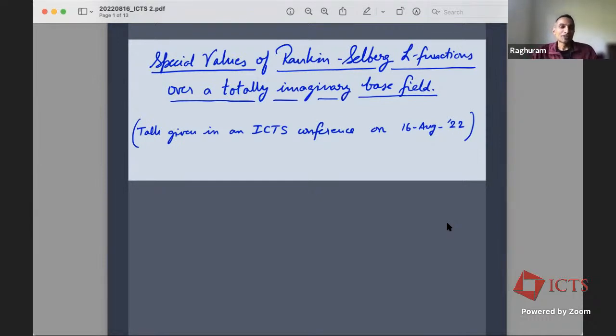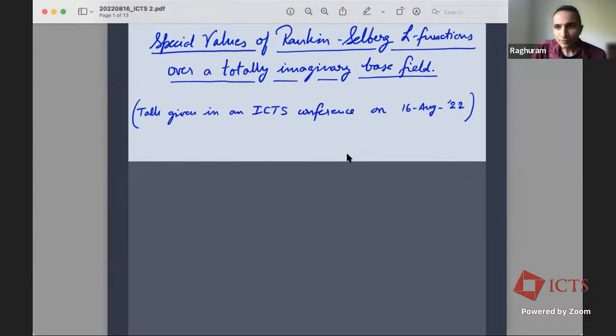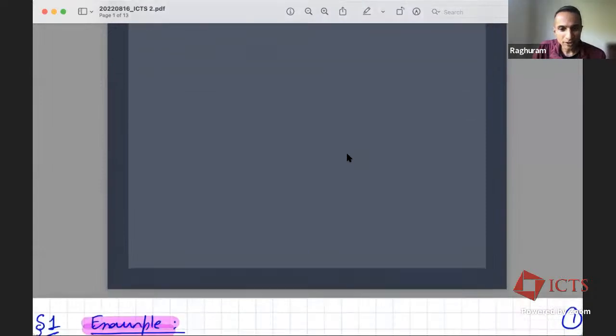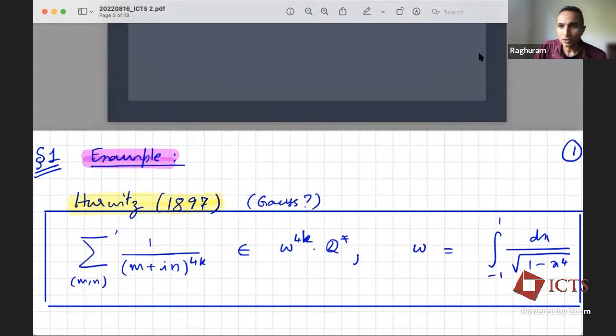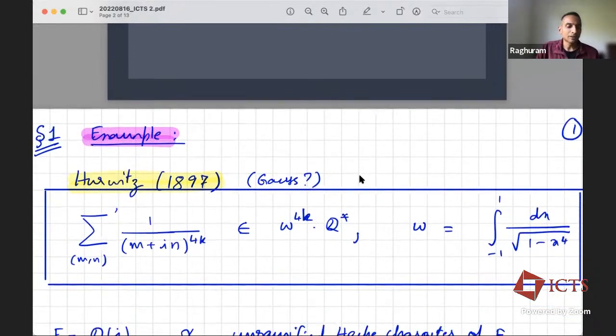So I want to speak about some recent work of mine on the special values of Rankin-Selberg L-functions over a totally imaginary base field. To set the stage, I'm going to recall a classical example of Hurwitz.